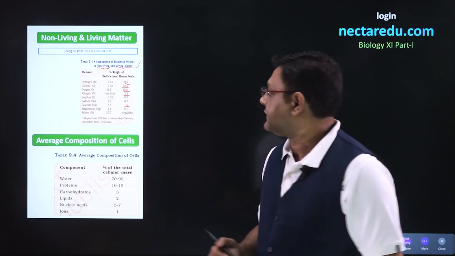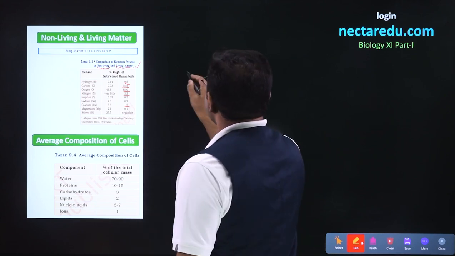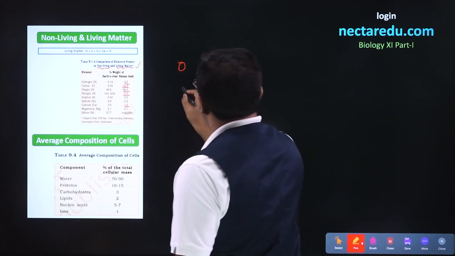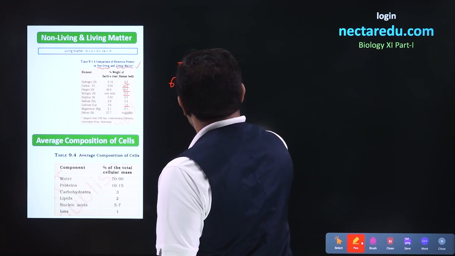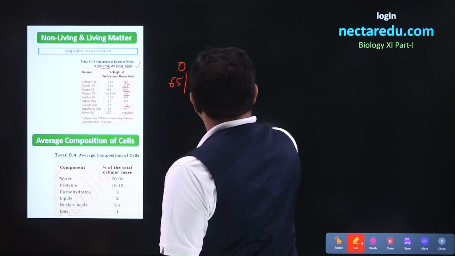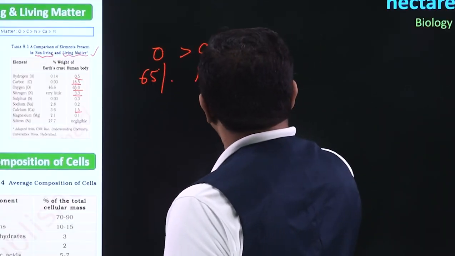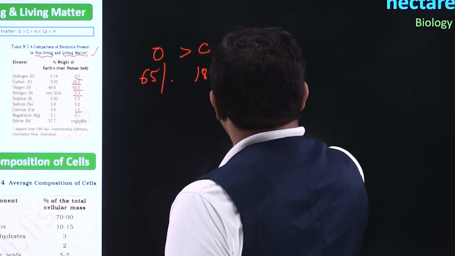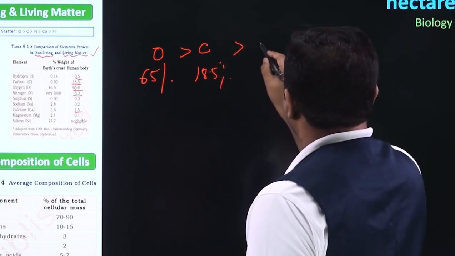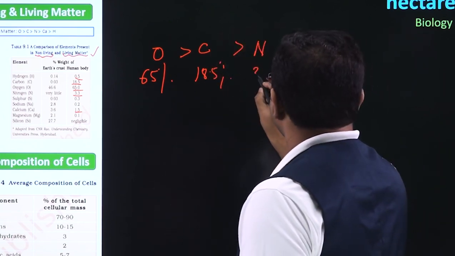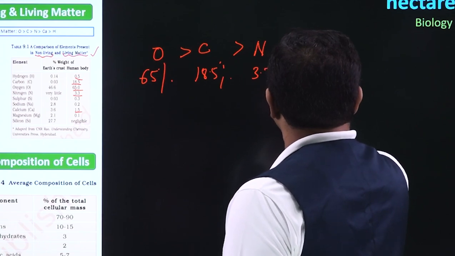So, let us write the percentages over here. The maximum was oxygen that we talked about. The percentage was 65%. After this comes the carbon. The percentage of carbon was 18.5%. After carbon comes nitrogen. The percentage of nitrogen that is given here, it is 3.3%.